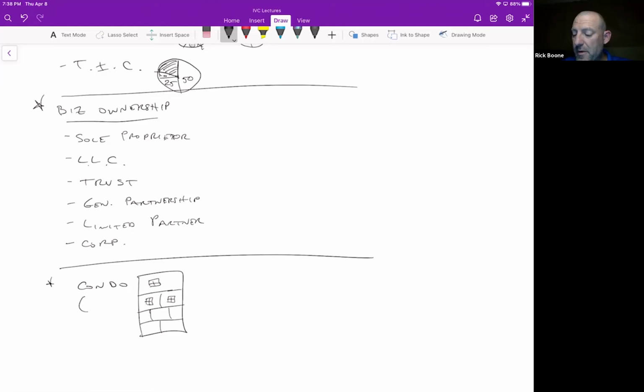What's unique about the condo, and there are other types of ownership that have this as well, is that there's always a homeowners association. Because multiple people own these units and own that part of that real estate, that dirt, we have to have some sort of organization called the homeowners association, made up of the owners, to vote and make decisions on that property.